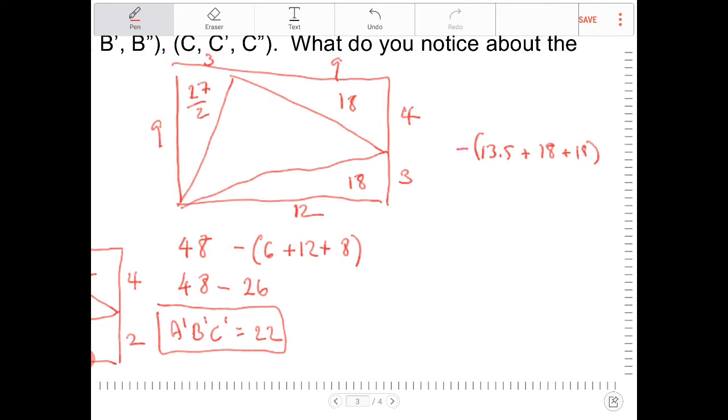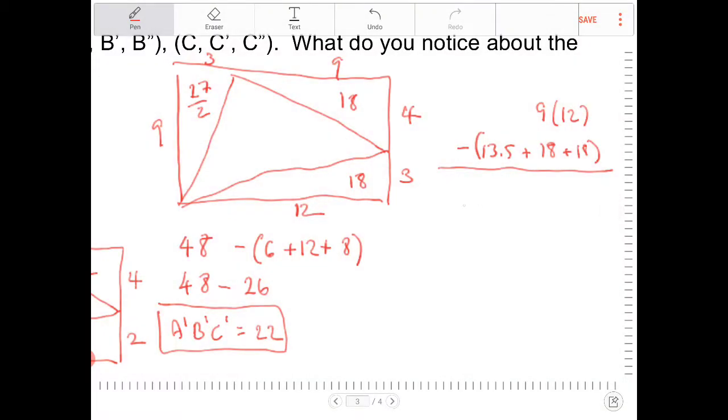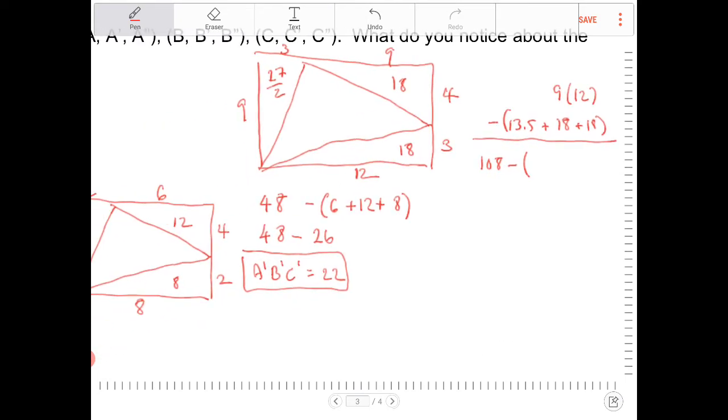All of this is subtracted from 9 times 12. So this would be 108 minus 18 plus 18 is 36. 36 plus 13.5.